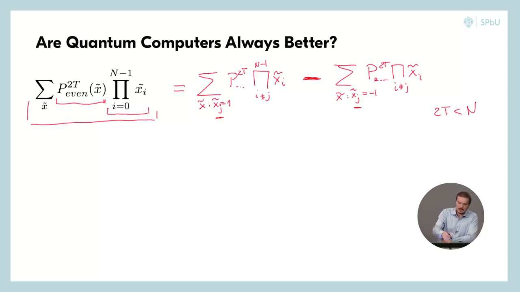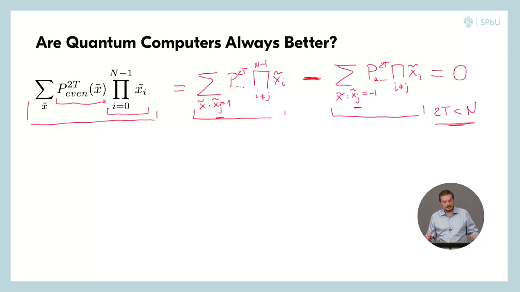And in this case, these sums become equal. And since we can do it for any monomial, since the power of the polynomial is less than n, and we have n possible indexes, all this sum appears to be 0.